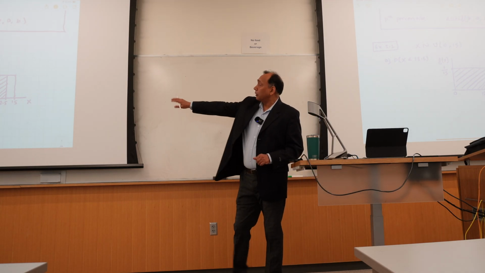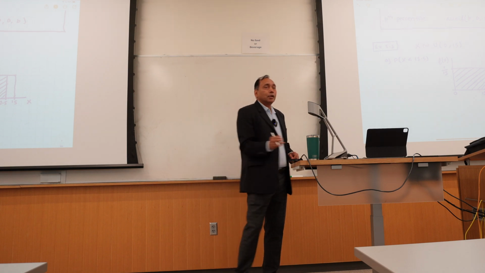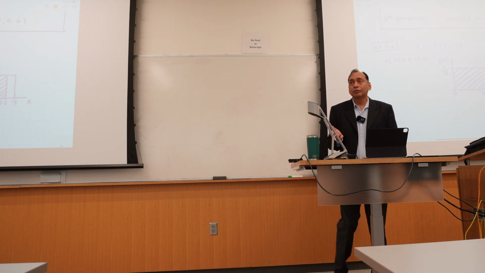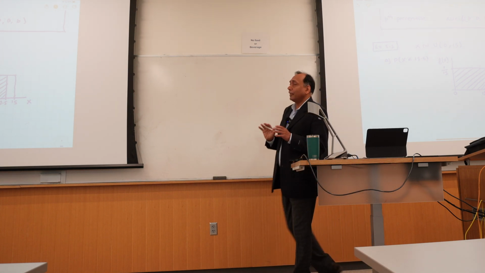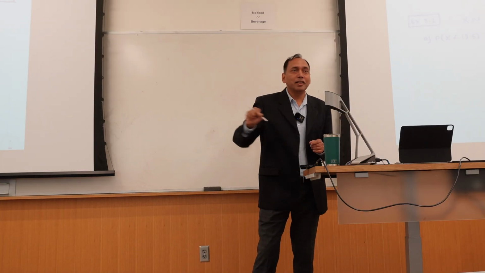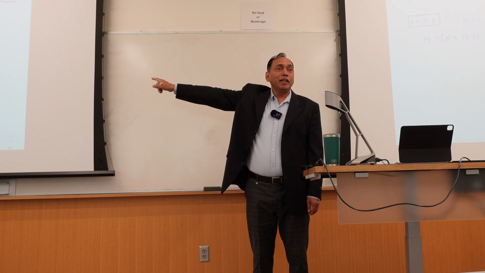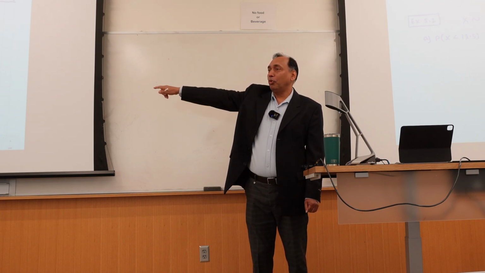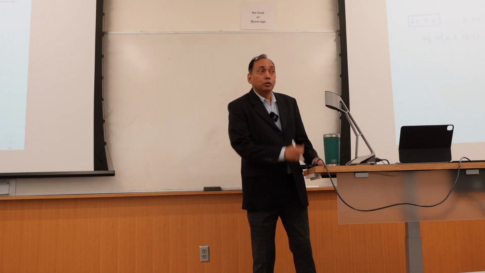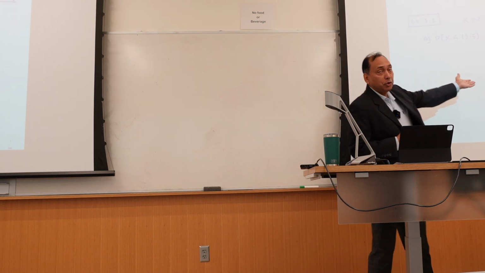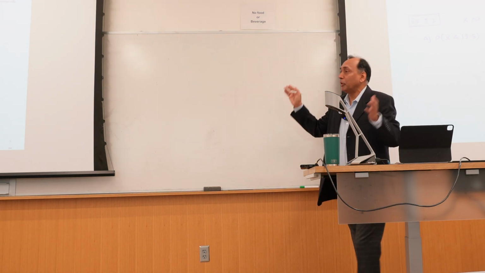Sometimes, when you are working on a problem and if you are doing a quiz, you may not require any calculation. If a question is asked in this situation, is this probability more than 0.5? You don't have to do any calculation. You just see visually that area is more than 50%.